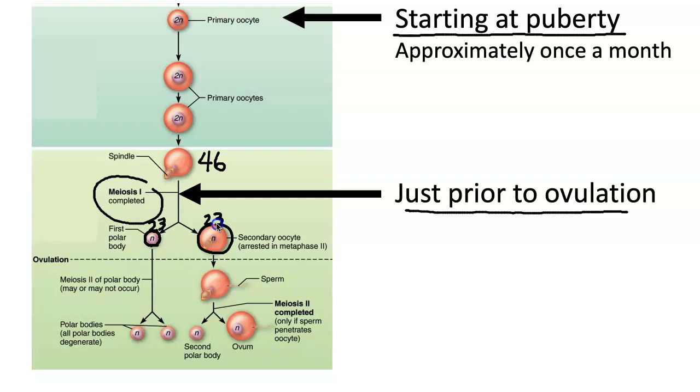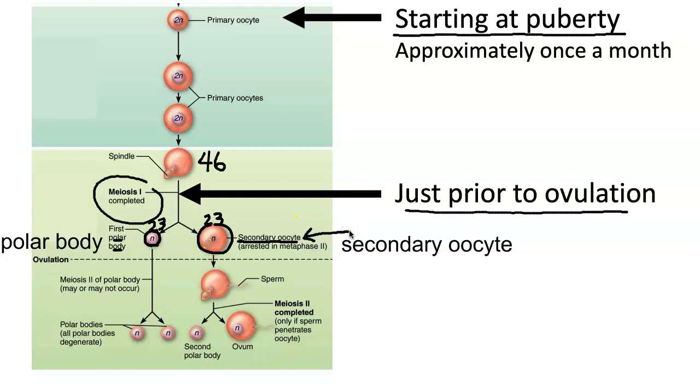So the big cell that you're putting all of the resources into is known as the secondary oocyte. The genetically equivalent cell that didn't get any cytoplasm and is small is known as a polar body. The secondary oocyte is the cell that gets ovulated. And it's also the secondary oocyte that could be fertilized, surprisingly.